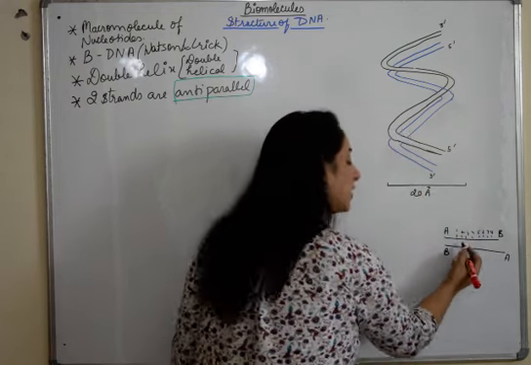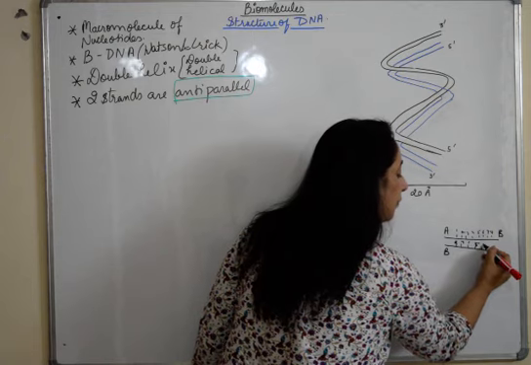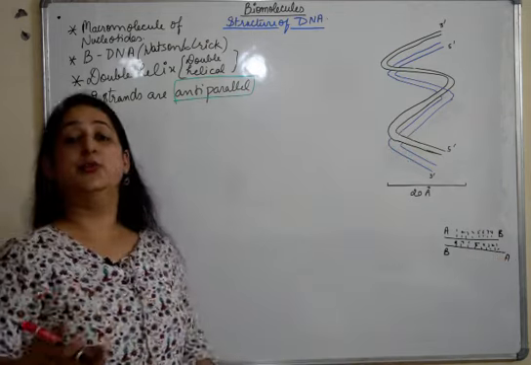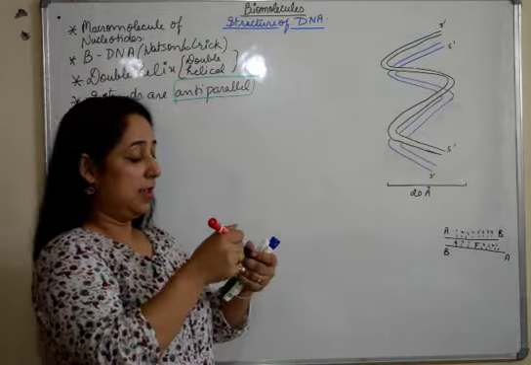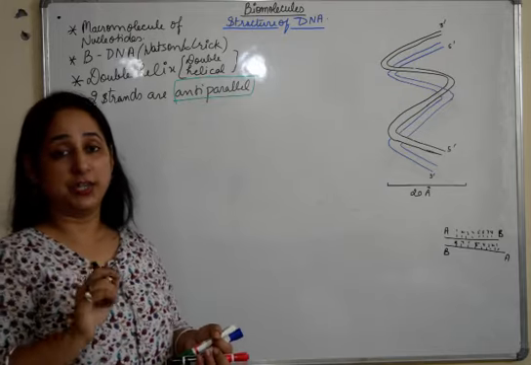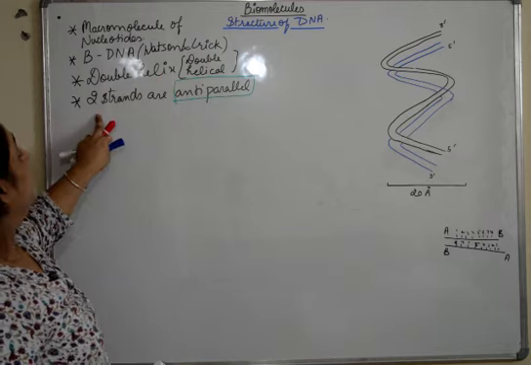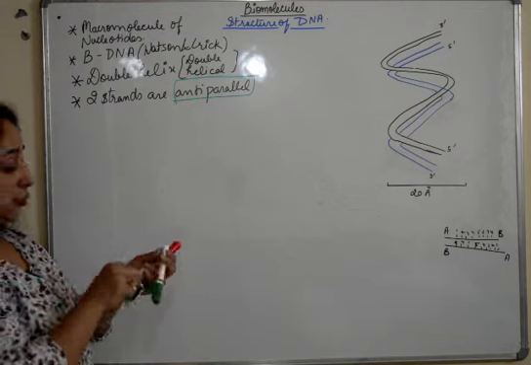That means now it starts from 8, 7, 6, 5, 4, 3, 2 and 1. So this is an anti-parallel arrangement, everything gets reversed. So we'll draw it so that the strands are anti-parallelly arranged. They are in a helix arrangement, and the two strands are anti-parallel to each other.